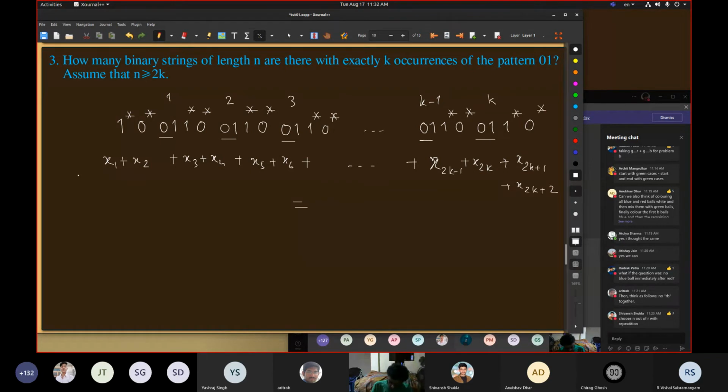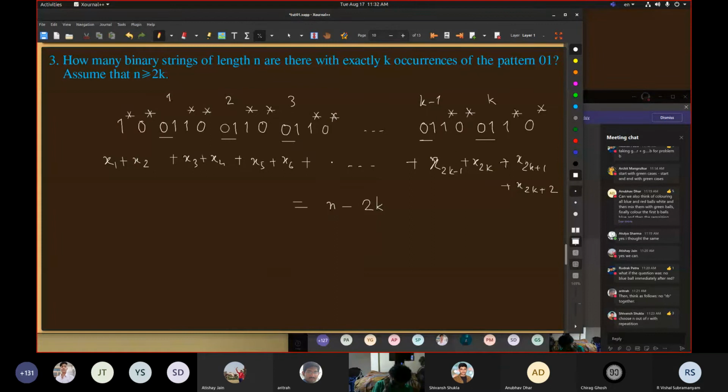So this is the remaining part that you want to fill. So that will be n minus 2k. Agree or not? Yes, sir. So these many positions you have to fill with ones and zeros, but in this particular fashion.